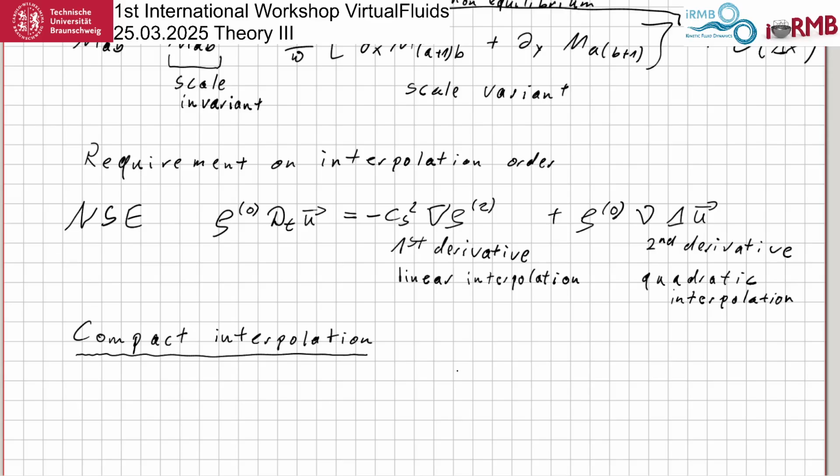We need to know our neighbors. We don't like to know our neighbors. So we try to reduce the information that we are using, reduce the stencil size by making use of asymptotic analysis.